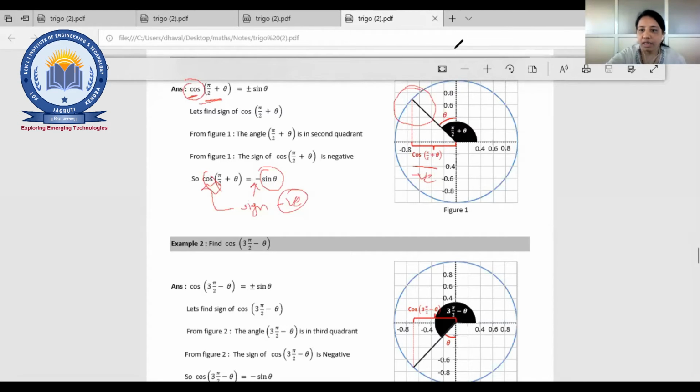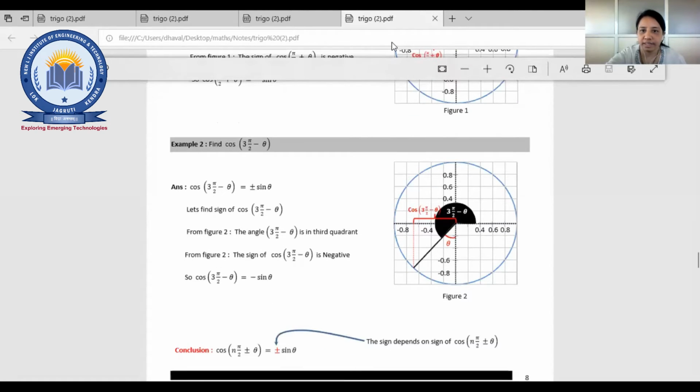Now, the next one is 3 pi by 2 minus something. So obviously this goes to which quadrant? The third quadrant, right? So the answer of this one will be sine theta.